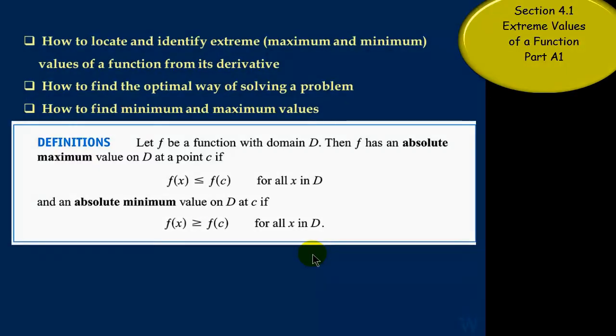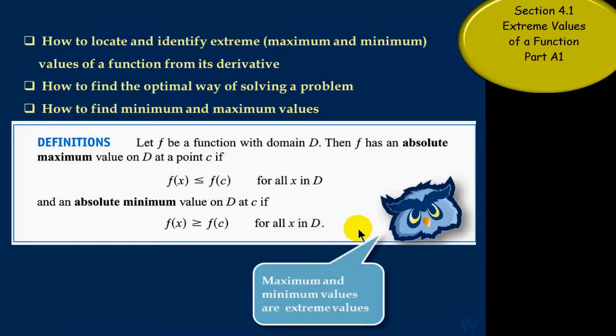Definition: let f be a function with domain D. Then f has an absolute maximum value on D at a point c if all the other f of x's would be less than or equal to f of c for all the x's in the domain D. And f has an absolute minimum value on D at x equal to c if all the f of x's, or all the y values, would be greater than or equal to f of c for all the x's in the domain D. Sometimes the maximum and minimum values are referred to as extreme values.